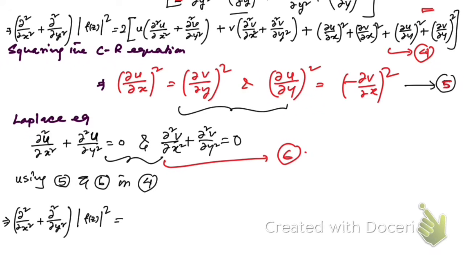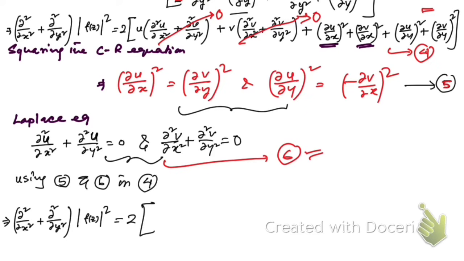Is equal to 2 within bracket. The first two terms are going to be equal to 0. If you use equation number 6, then these two terms are going to be equal to 0. Then we have (del u by del x) whole square, then (del v by del x) whole square, right? If I am not wrong.